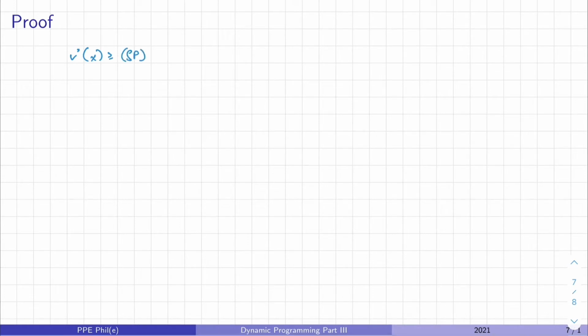So you don't have to show both ways, you only have to show one way. What we have to show is that this is weakly smaller than the sequence problem. Because if it's weakly smaller and weakly larger, it actually needs to achieve the sequence problem directly.